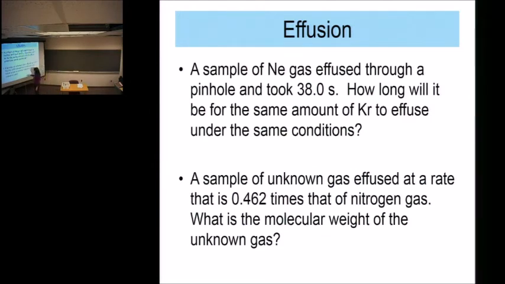So the easiest way to do this is to read the sentence and then translate that to algebra. So let's do that. A sample of unknown gas effuses at a rate. All right, so let's write that down.